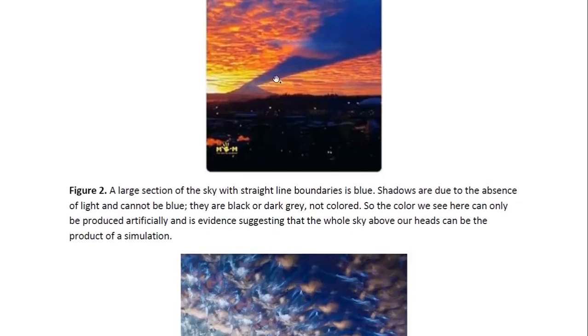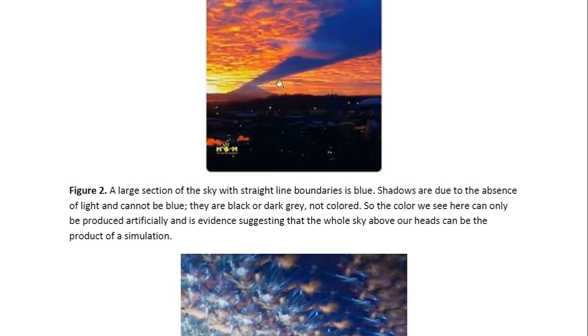So if this had been a shadow, it would have been just very dark gray or black, not blue. Blue means that there's blue light being projected onto this patch of sky. And that means it's a simulation.